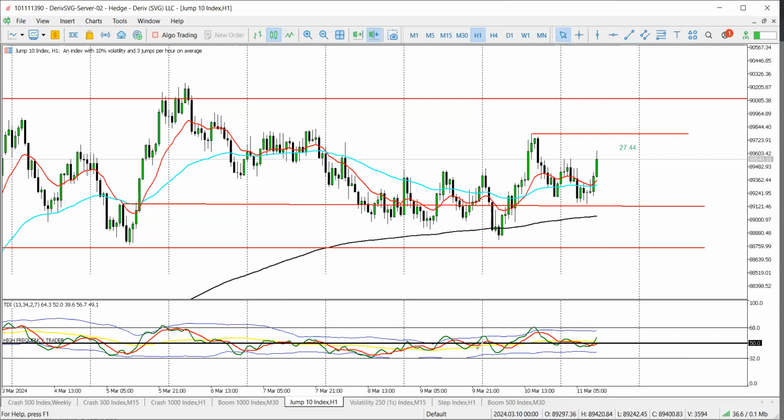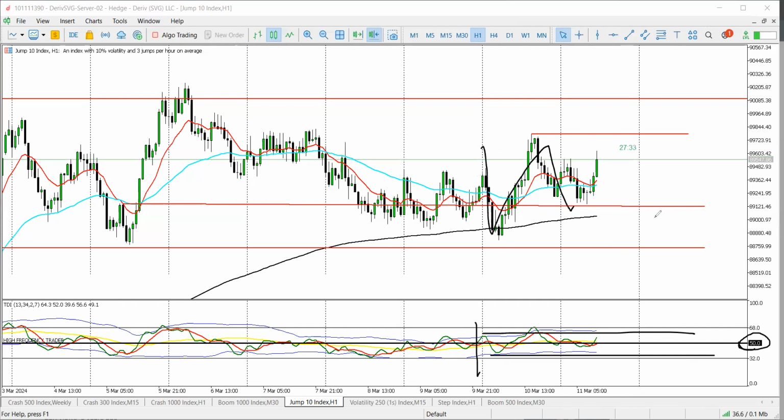On the TDI from about here, we're trading half and half on the 50 level, which also means that this price can actually continue in a range and not really trend. So I'd love to wait. Maybe I'll wait the whole day today just to see how price is actually delivered before I decide to take a trade. So I also hope this one is clear.